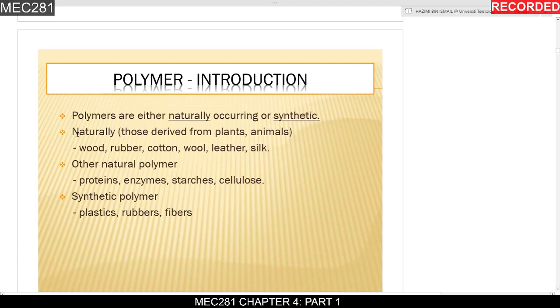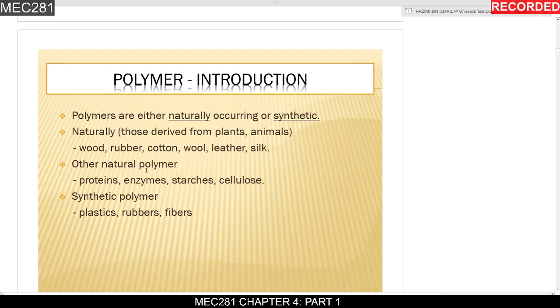And the natural ones are found in the environment on our Earth, and can be derived from plants or animals, for example wood, rubber, cotton, wool, leather, and silk.